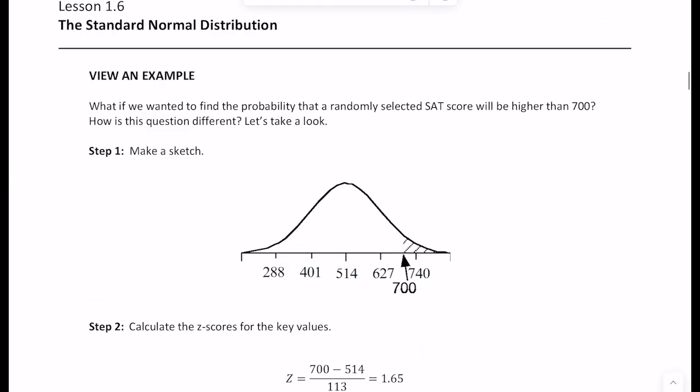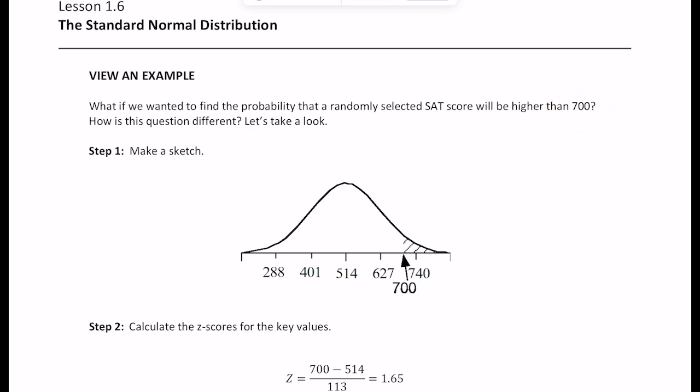Okay, here's another example. So we're not always going to be interested in finding probability or percentages between two values. Maybe we want to find the probability that a randomly selected SAT score will be higher than a specific value or lower than a specific value.